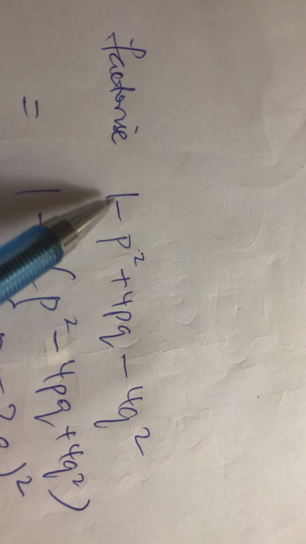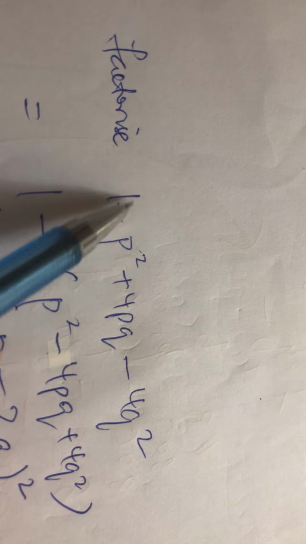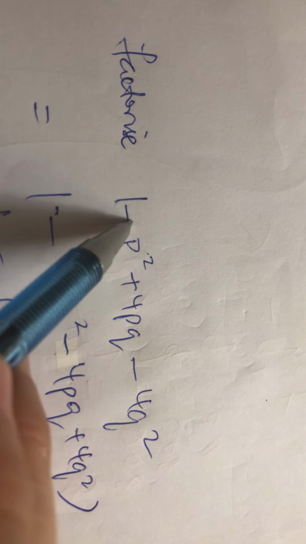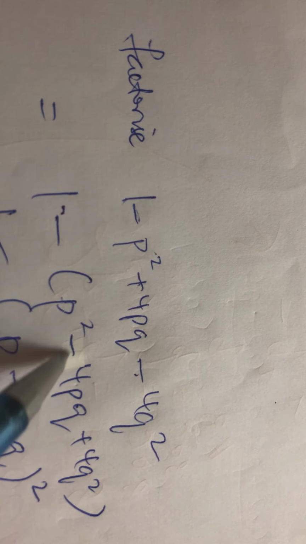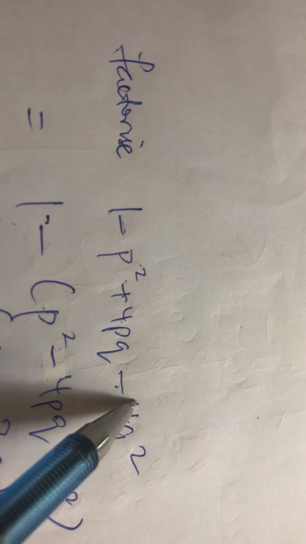You have to be able to see that this one here is alone. Okay, and then if I were to take out the minus from here, minus from here, minus from here, I will end up with p square minus 4pq plus 4q square. Okay, double check, this times this is this, this times this is this, this times this is this, right? Why do I want to rewrite like that?